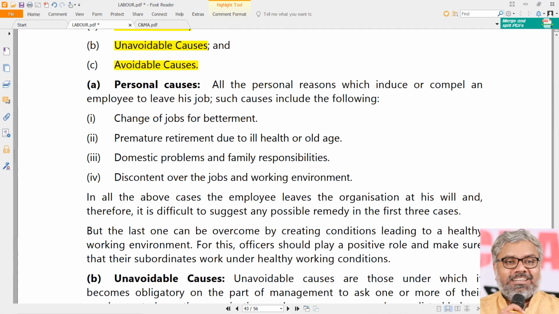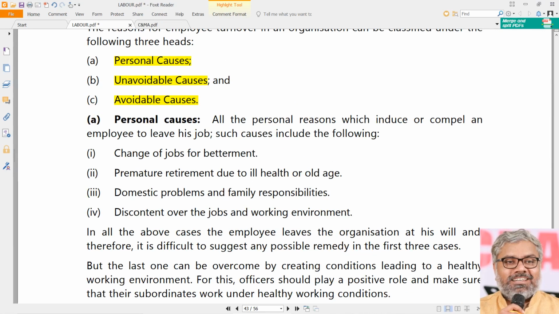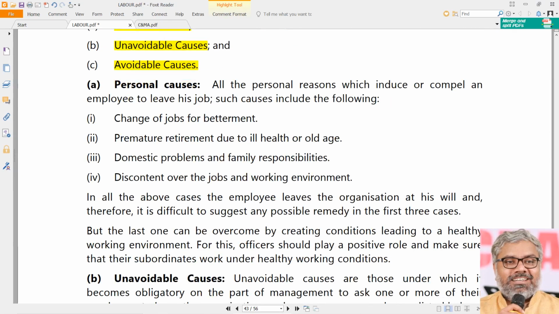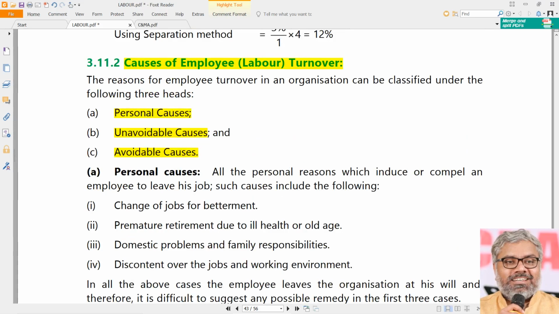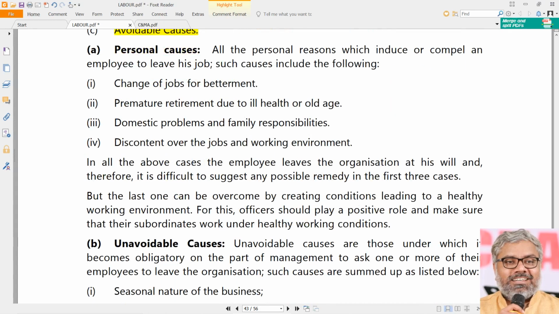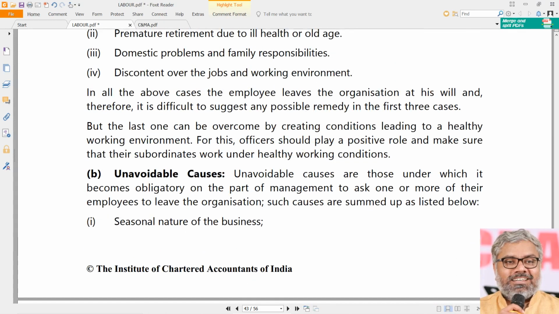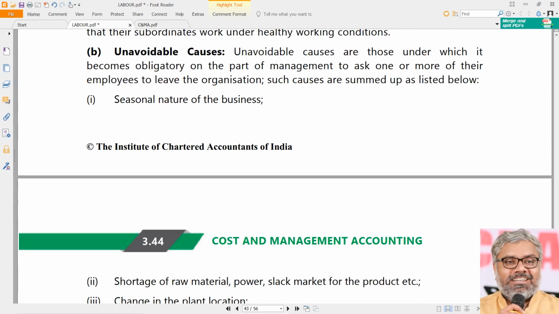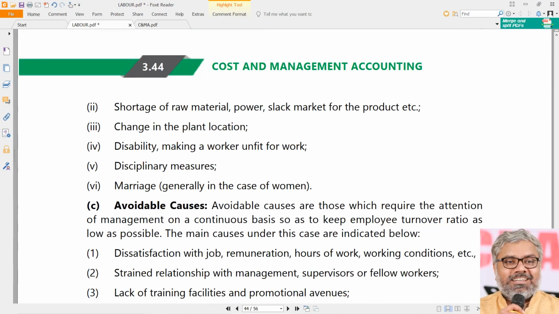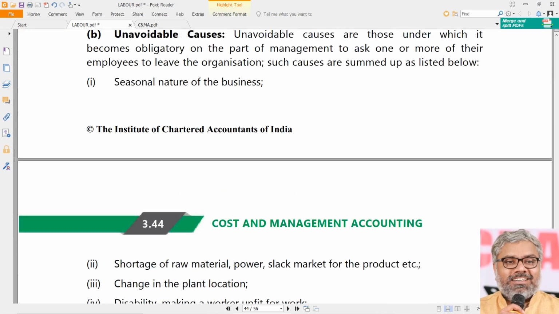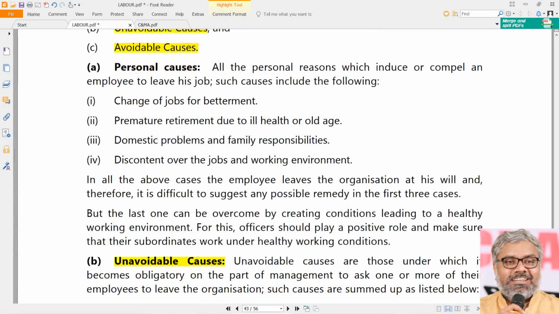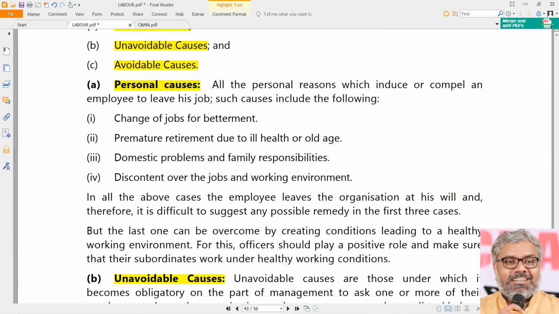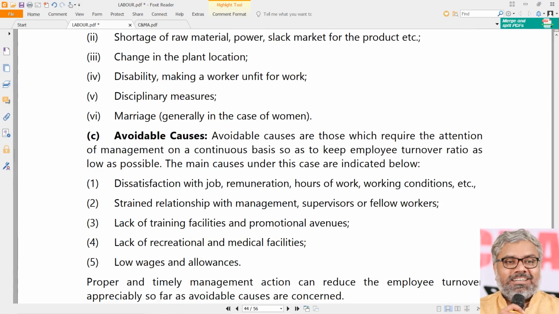These are general things, self-explanatory. Go through them. What kind of causes? At least you should be able to write somewhere between 5 to 10 causes for labor turnover. What are the general causes of labor turnover is an important theory question, but there is nothing technical about it. So go through all these types of causes: unavoidable causes, personal causes, and sometimes avoidable causes also.